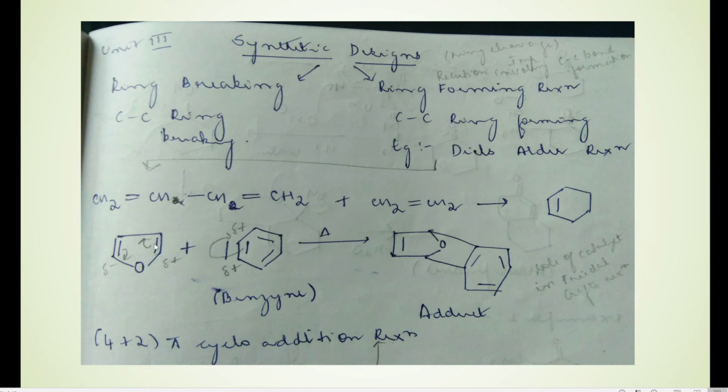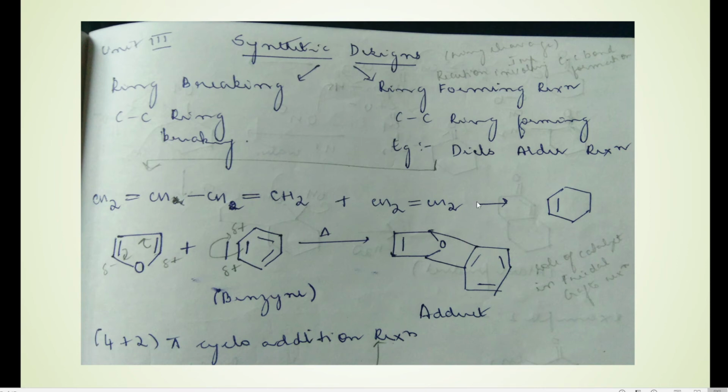positive charge. Same here, this bond is shifting that side, so this carbon will be deprived of a bond, so it will get a partial positive charge, and this bond is shifting onto this carbon, so there is a partial negative charge here. So you can see that because of the positive charge here, this carbon can form a bond with this carbon having a negative charge, and this carbon with a negative charge can form a bond with this carbon having a positive charge.